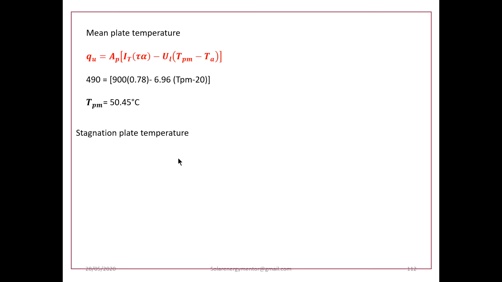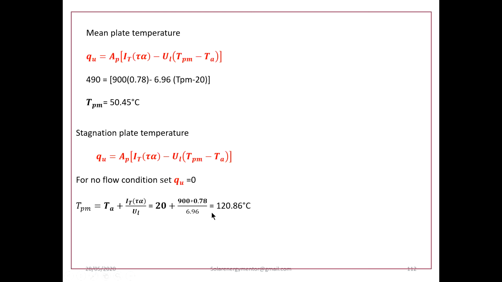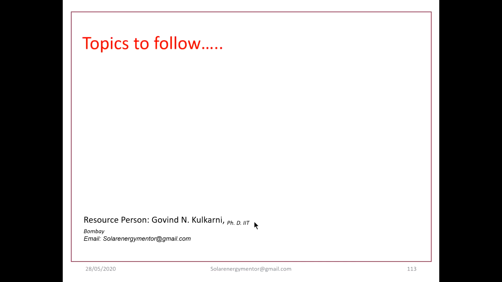Now to find out the stagnation temperature, we need to equate QU to be 0 because flow will be 0. There will not be any TFI there. So if you use the same expression here, except that QU equals 0, the unknown will be TPM. If we evaluate this, TPM comes out to be 120.86 degrees Celsius.